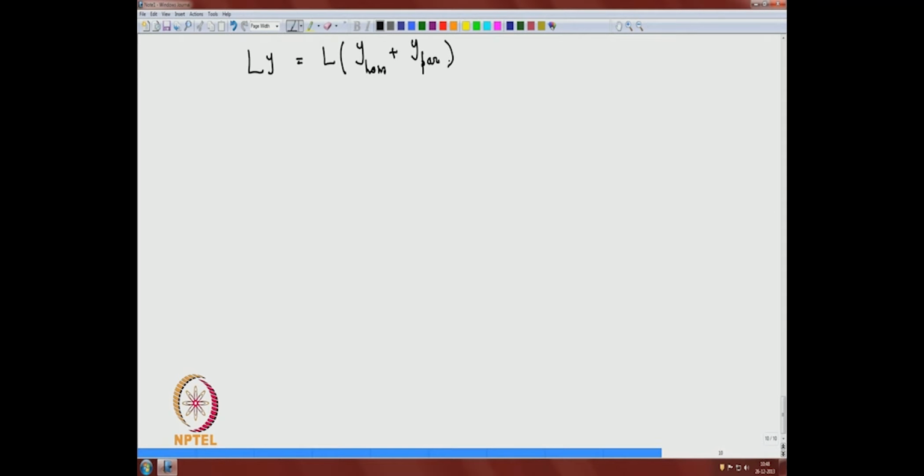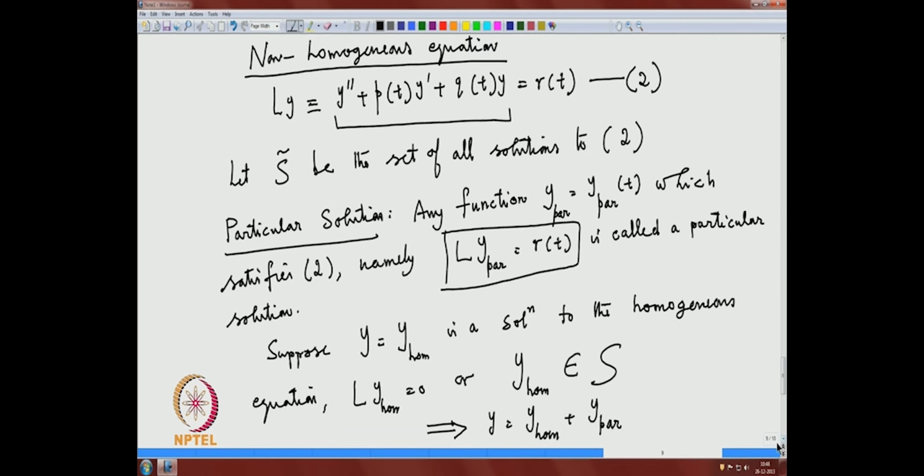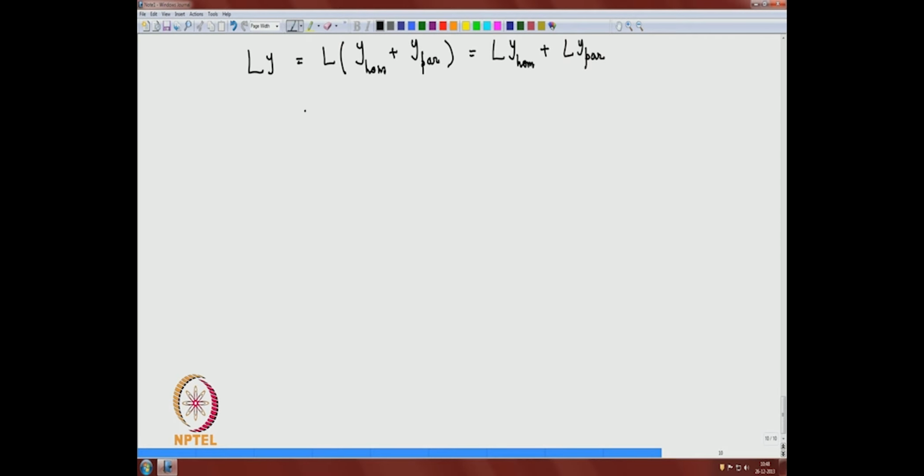Since L is a linear operator, this is L of y home plus L of y particular. But L of y home is equal to 0, and L of y particular is equal to R of t, so this is 0 plus R t, which is equal to R. Therefore y belongs to S tilde.